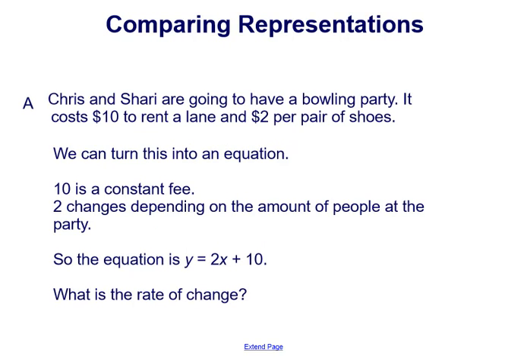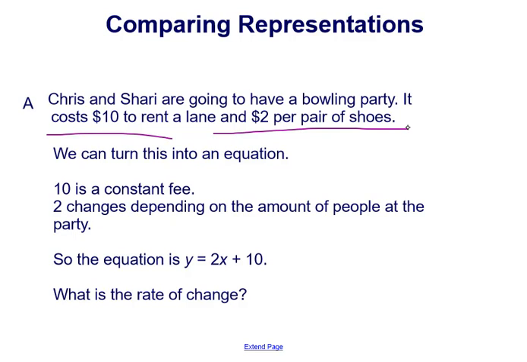We can actually turn this verbal model into an equation. So we're told that it costs $10 to rent a lane, so 10 is a constant fee. We are then told that it costs $2 per pair of shoes to rent, so the 2 changes depending on the amount of people at the party.